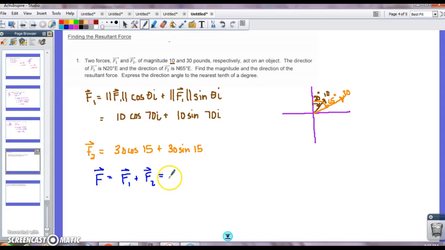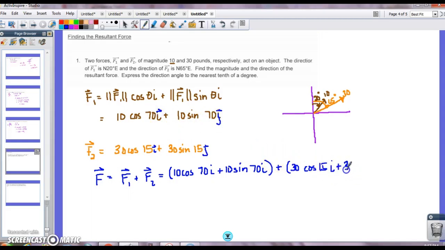So if I add those together, I'm doing 10 cosine 70 i plus 10 sine 70 j plus 30 cosine, I forgot my i and my j here. Oh, that was supposed to be a j. Cosine 15 i plus 30 sine 15 j.